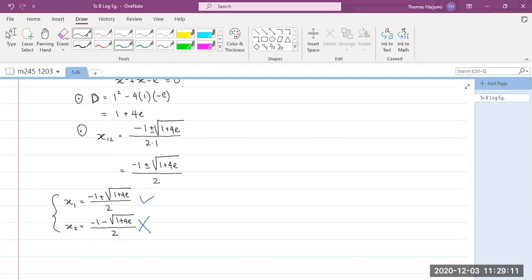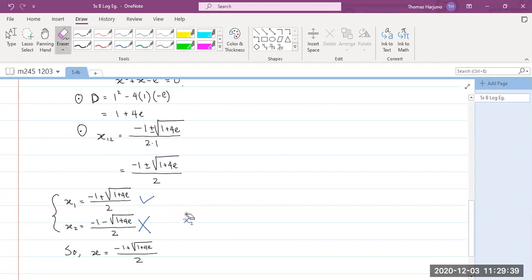In fact, it would be nice if you can summarize that. So x is equal to negative 1 plus square root of 1 plus 4e over 2. And if you wonder what's the reason, you will see that natural log of x2 is undefined.